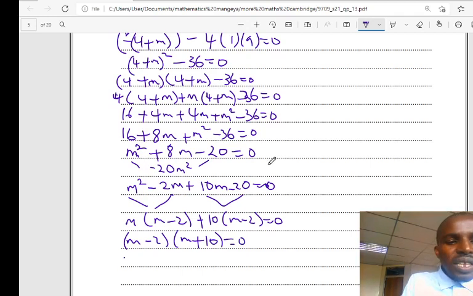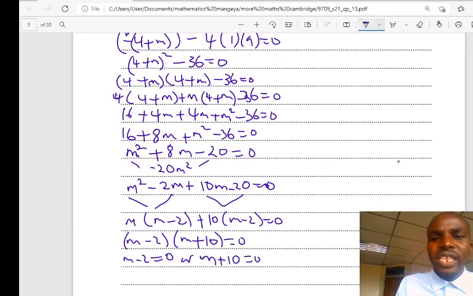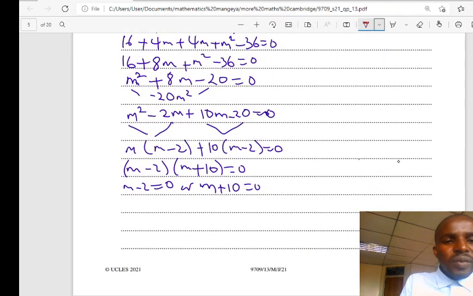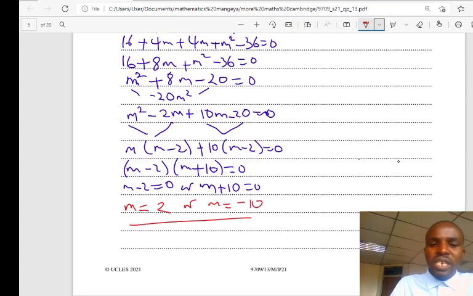Either here, m minus 2 is equal to 0, or m plus 10 is equal to 0, like this. Then simplifying further, it will be m is equal to 0 plus 2 is 2, or m is equal to 0 minus 10 is minus 10. So these are the two possible values of m.